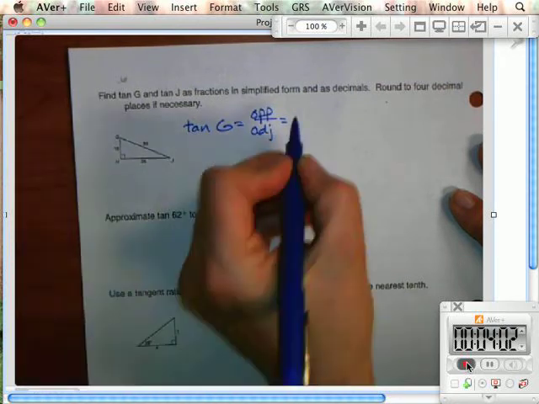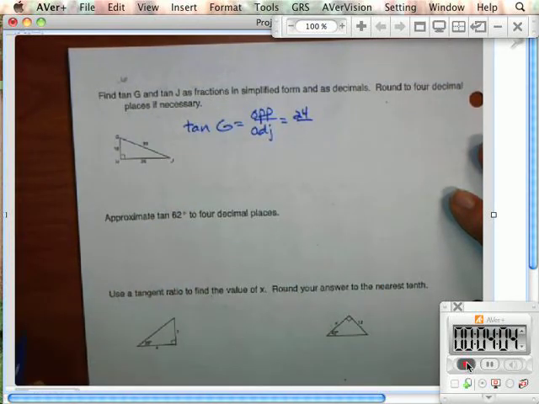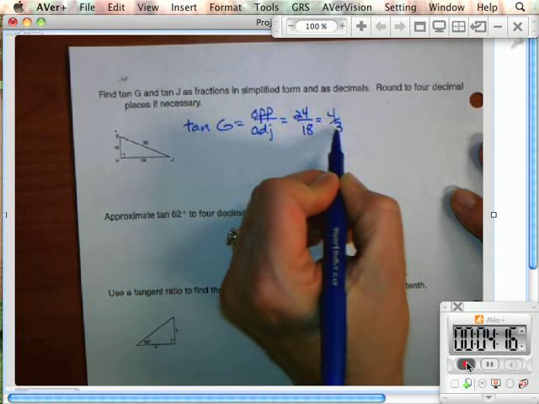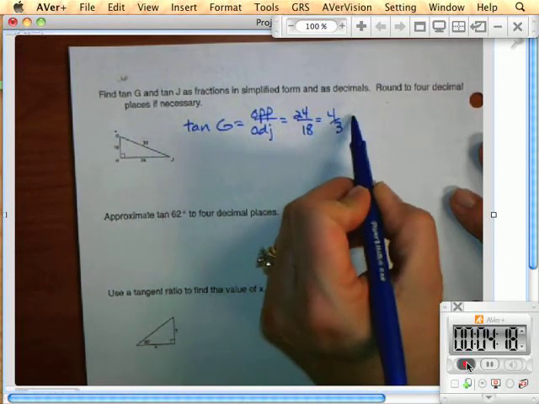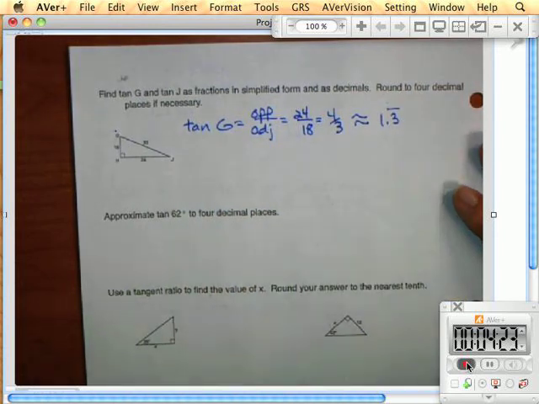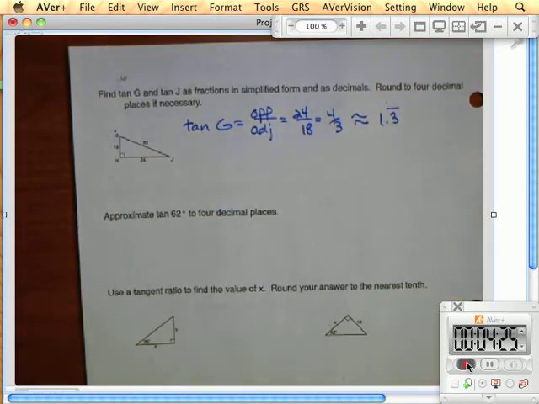It is 24. And from G, how long is the leg adjacent to it? 18. When I reduce that, I get 4/3, as it says simplified. As a decimal, it is 1.3 repeating. So there's the first one.